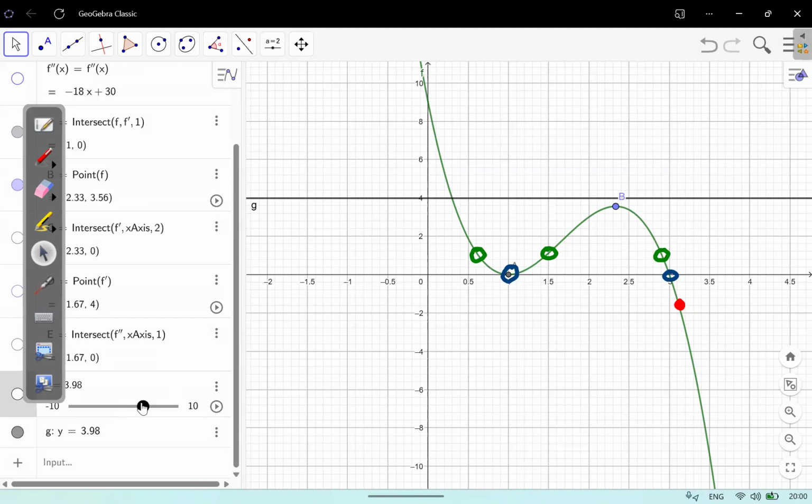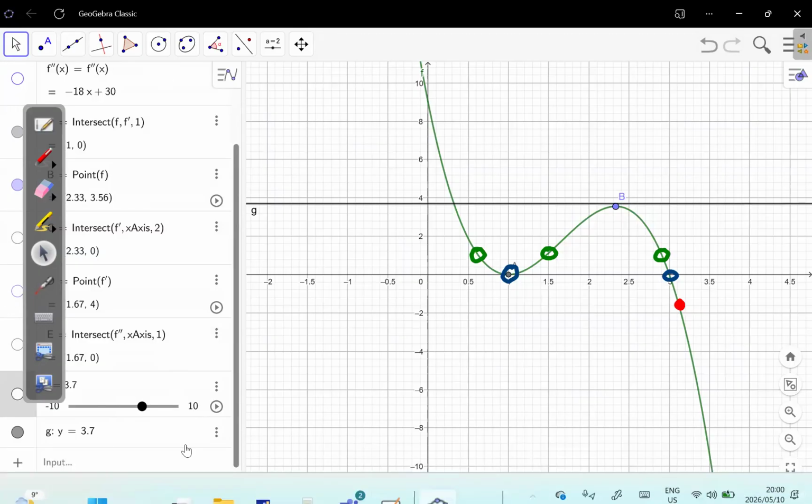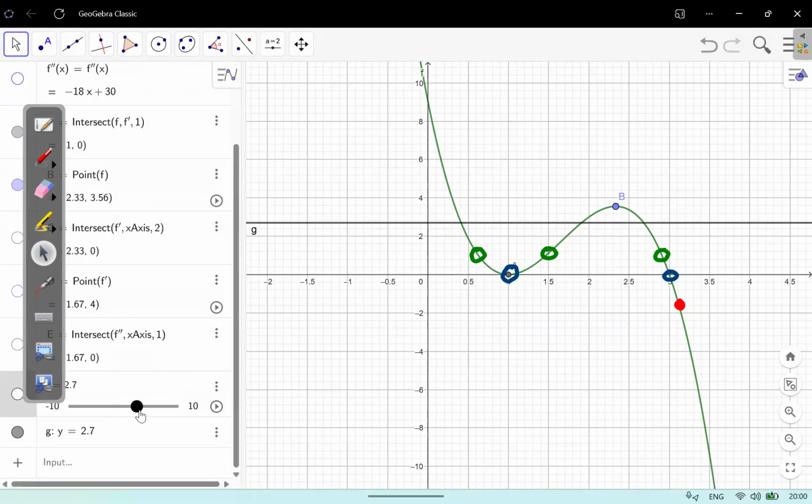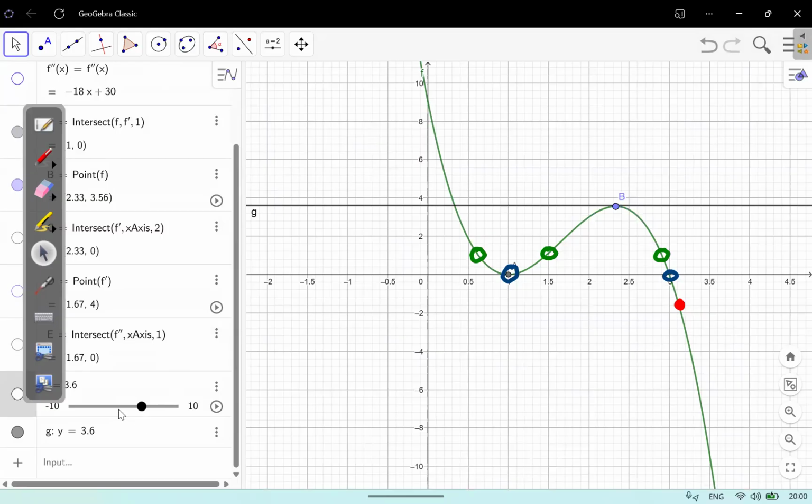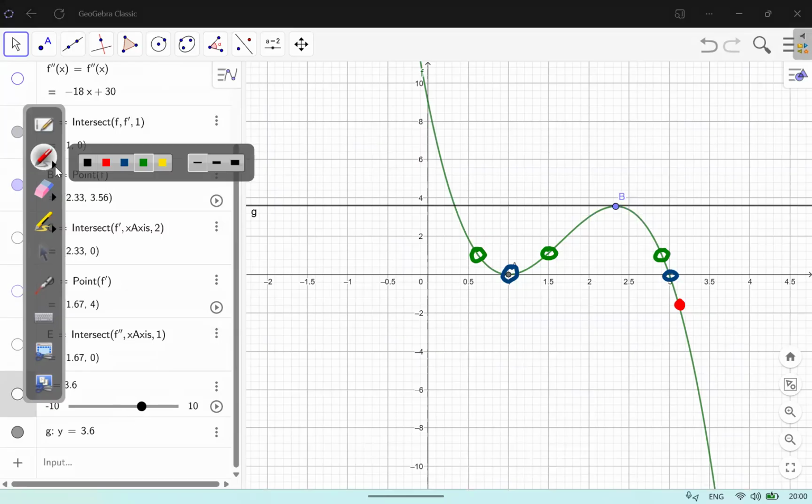I'm trying to get it there. Okay. Yeah, well, I tried. Right at turning point B, it touches the graph twice.